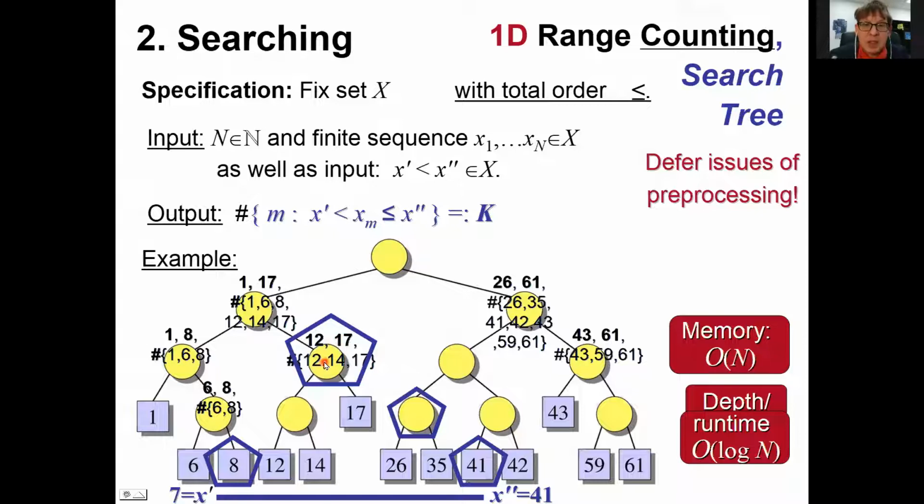So that's 3 numbers in each internal node. And as you know, the number of leaves in a binary tree is at most as large as the number of internal nodes. Therefore, the number of internal nodes is also linear, with constant information in each internal node.